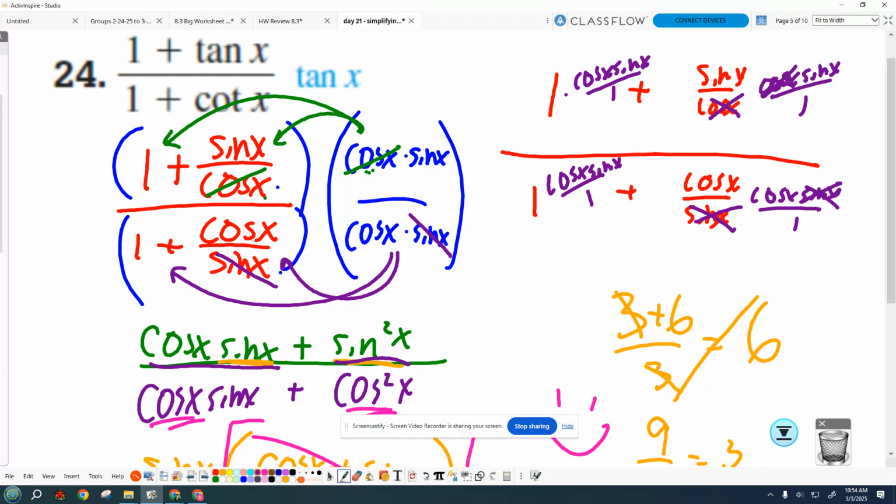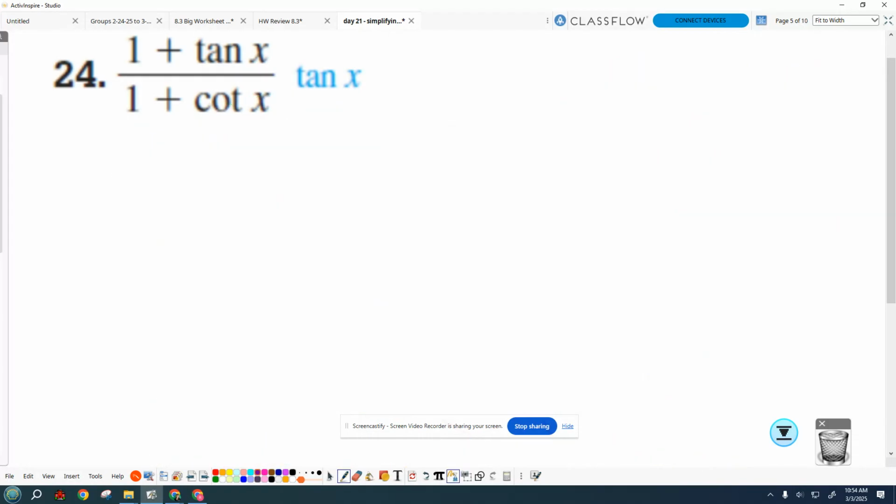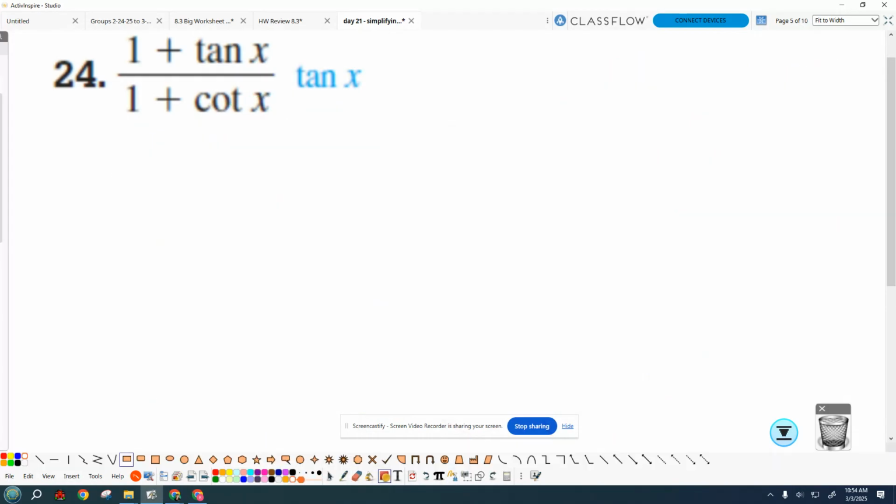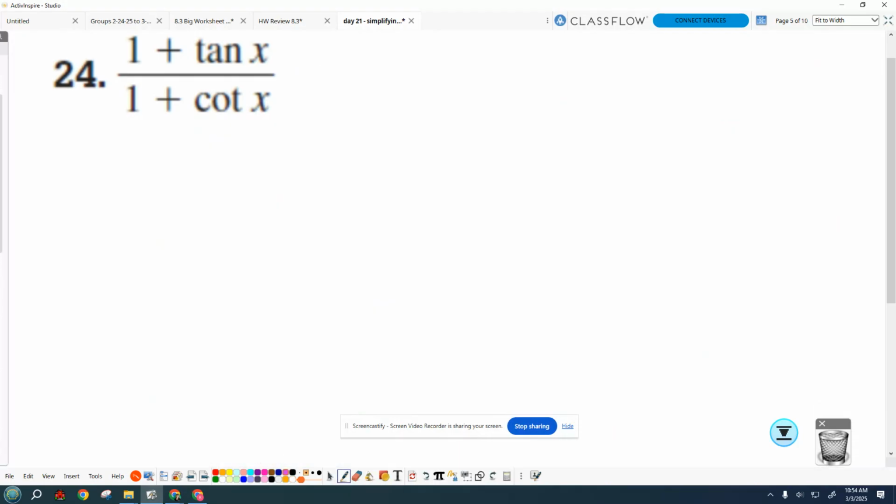Alright, can I clear now so we can try Emma's way? So you're saying divide everybody by tangent? Is that right? Okay, I mean, dividing by tangent is multiplying by cotangent, so are you okay if I write it like that? So cotangent times 1, cotangent times tangent?